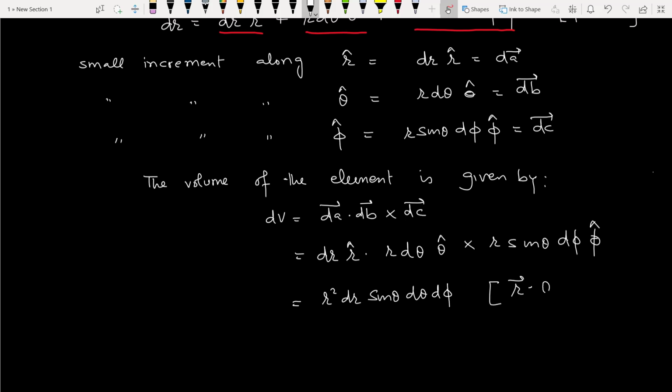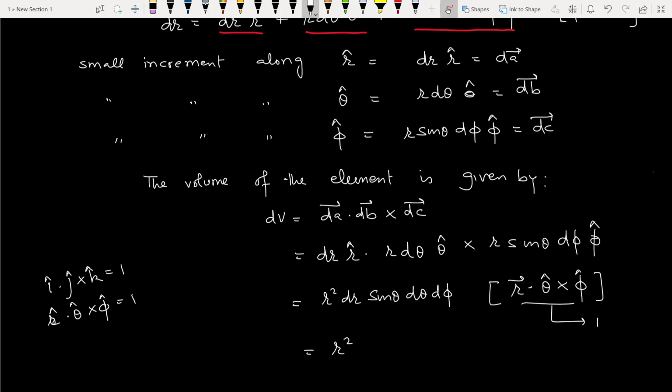r dot theta cross phi, and its value is 1. It is same as j cross k. It is 1. Similarly, r dot theta cross phi, it is also 1.